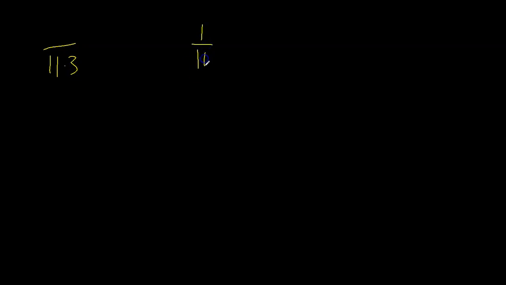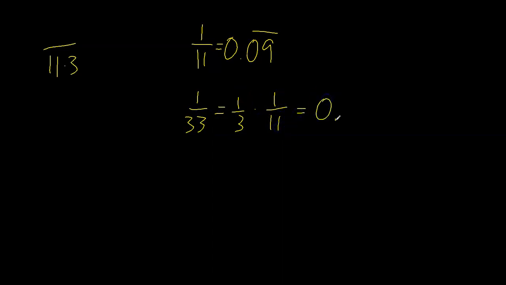If 1/11th is 0.09 repeating, since 09, just that pair of digits, is a multiple of 3, then 1/33, which is 1/3 of 1/11th, must be 1/3 of that, which is 0.03 repeating. Once we have this, we can deal with any number of 33rds.